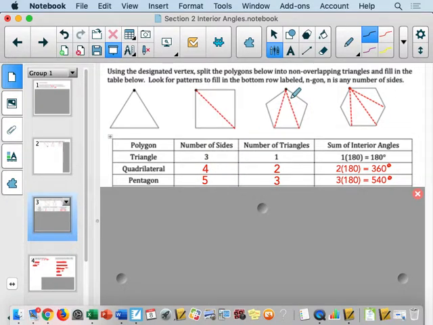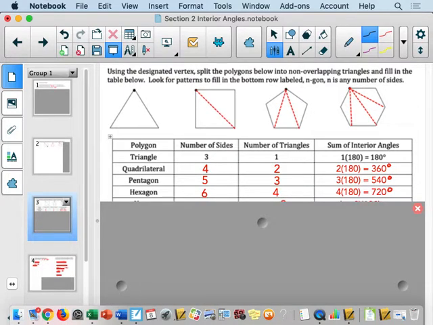Pentagon has 5 sides, divided into 3 triangles. 3 times 180 is 540 degrees. Hexagon is 6 sides, 4 triangles, and 4 times 180 is 720 degrees. This is looking at developing this equation geometrically, relating directly how many triangles are in that shape.